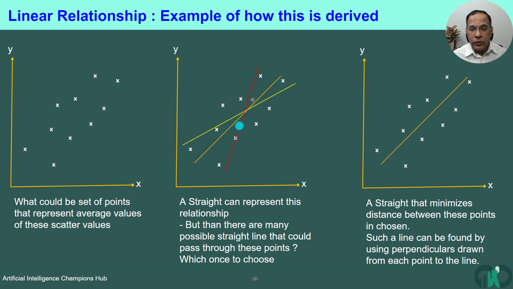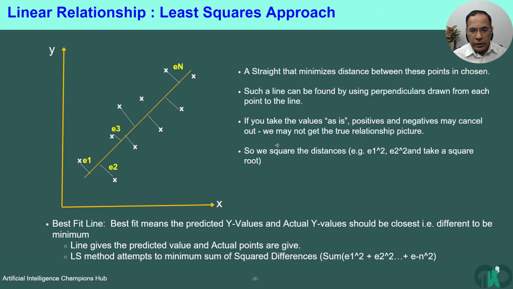There could be many lines we can draw when we plot these data points on a scatter plot, and we are trying to find the best fit line. The best fit line is the one with the least amount of error between the actual value and the predicted value.